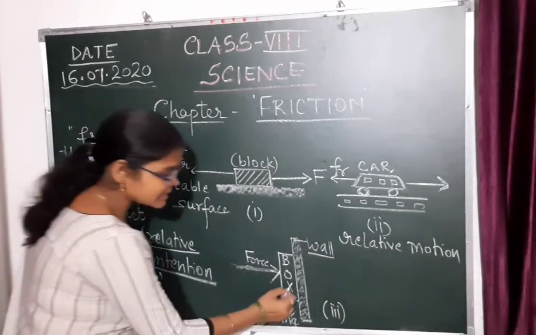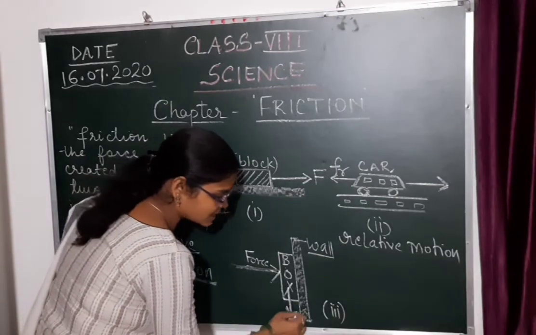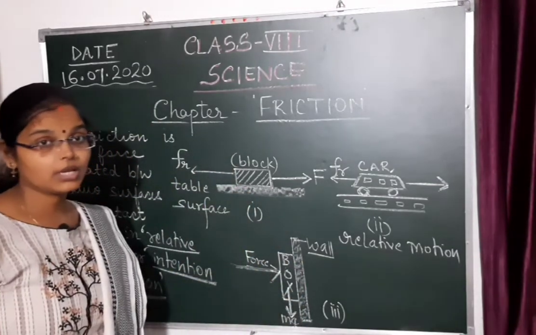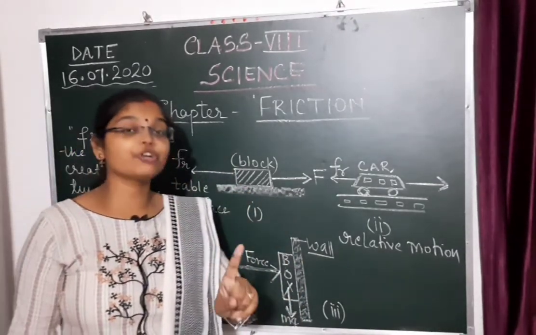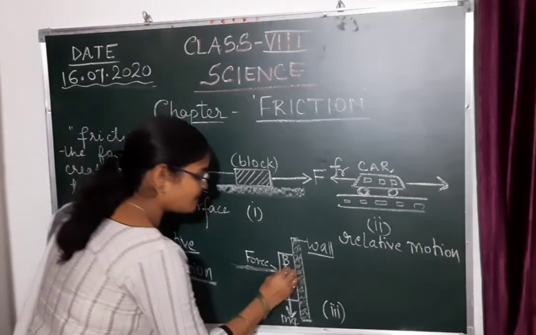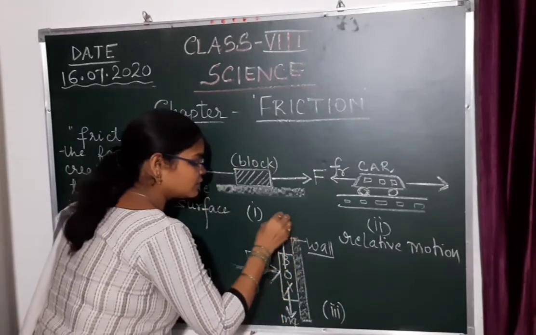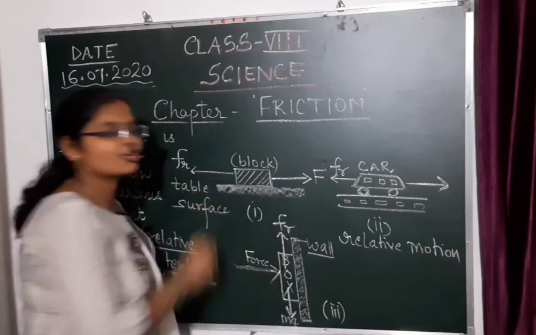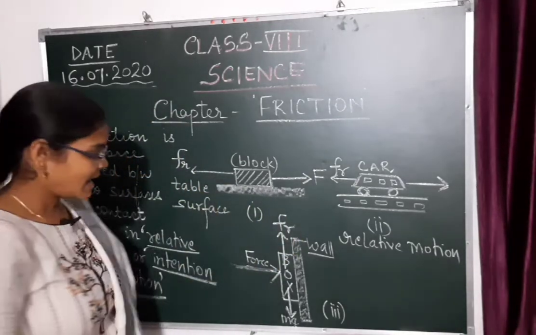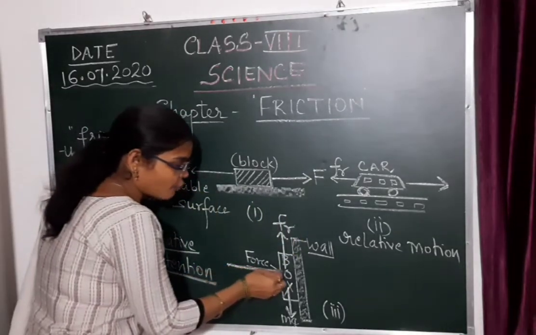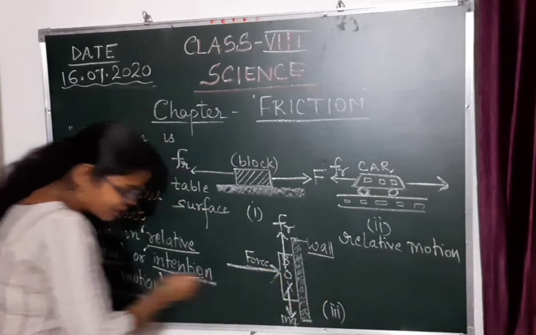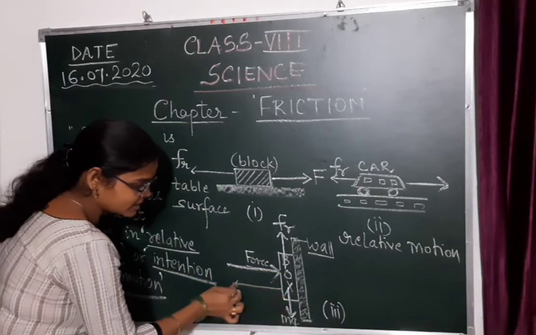It means its intention of motion is vertically downward, and the direction of the frictional force is always opposite to the direction of motion. ऐसा नहीं है कि I am applying force in this direction, तो frictional force will occur in this direction.